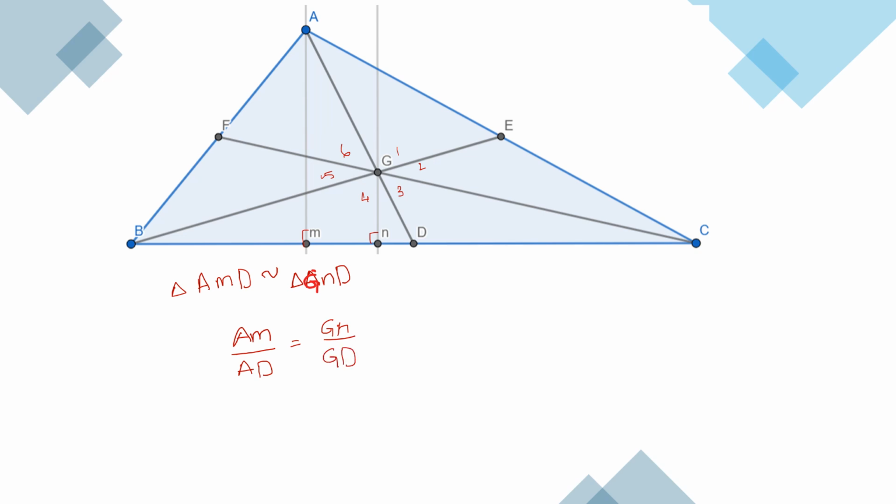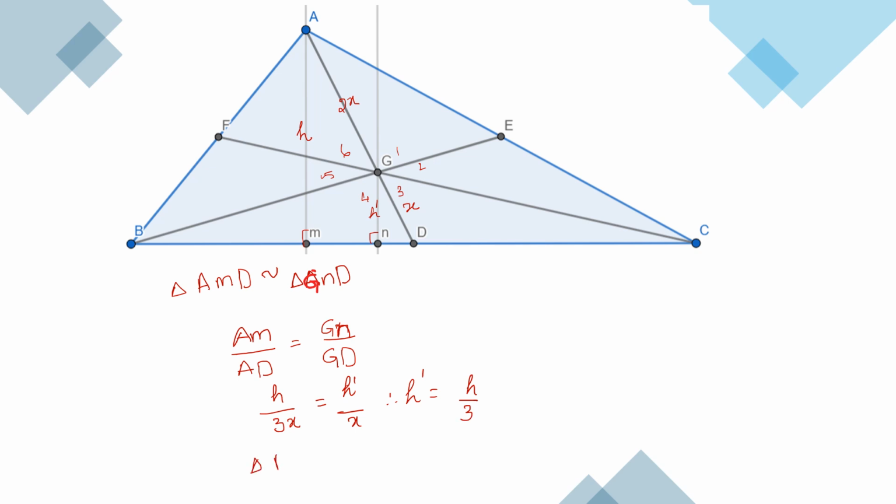If we assume the height of the triangle as h and the height of this smaller GND triangle as h dash, and obviously this centroid divides the median in the ratio 2:1, so AM is h, AD is 3x, 2x plus x, equal to GN is h dash, GD is x. Therefore, h dash is equal to h by 3.